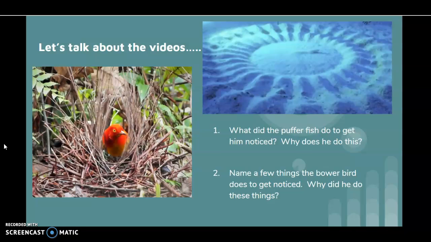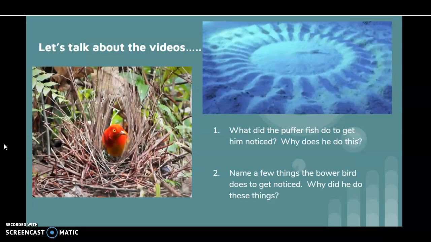So these are examples of animal behaviors, right? These behaviors attract a female. Now, animals also have physical characteristics to help them attract the other sex.